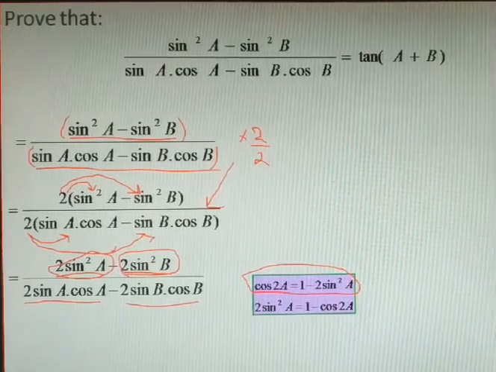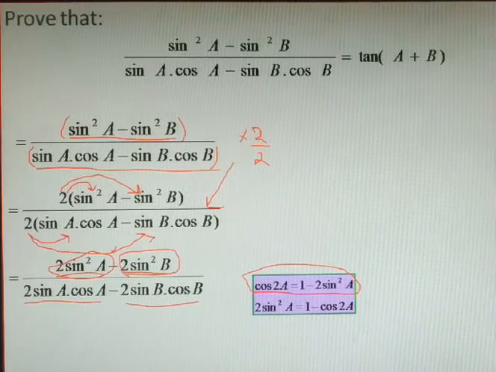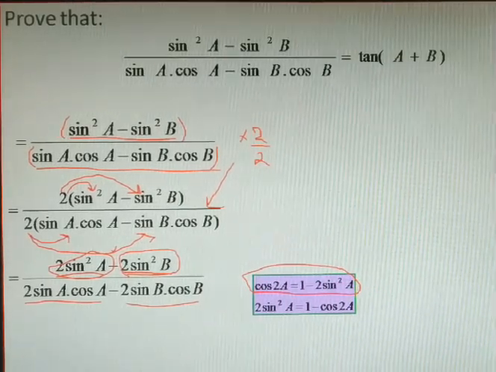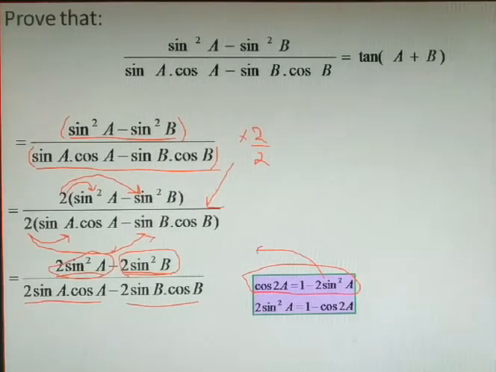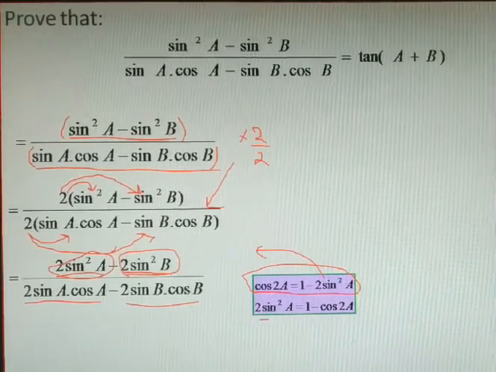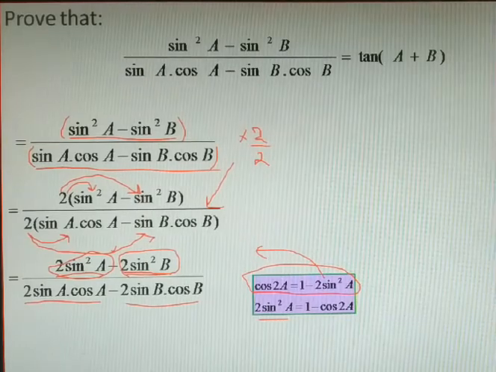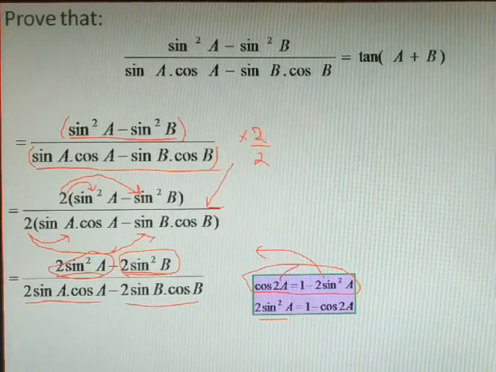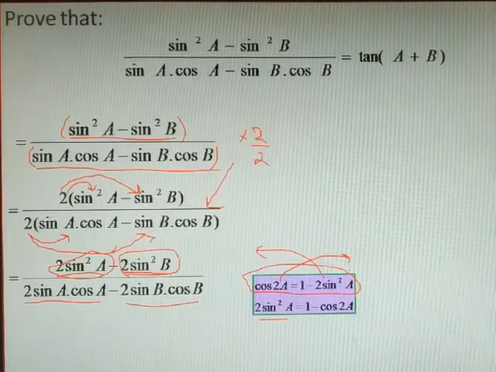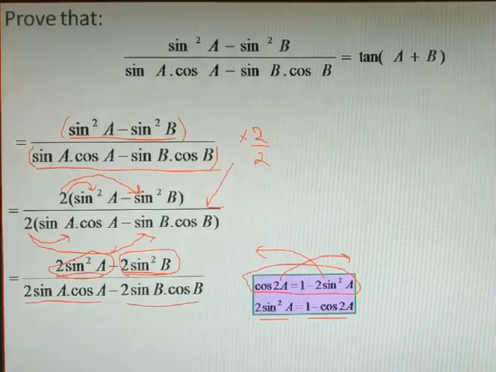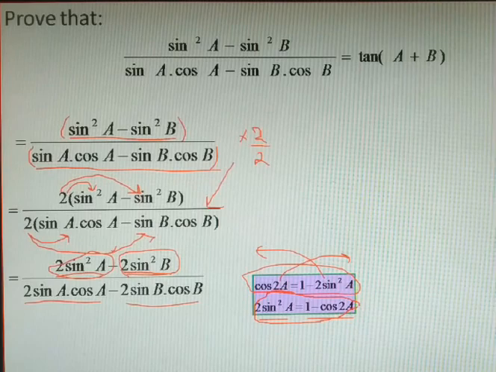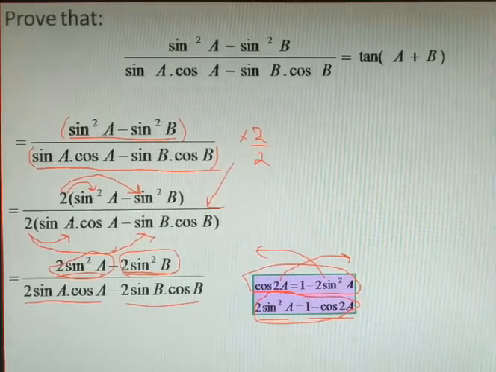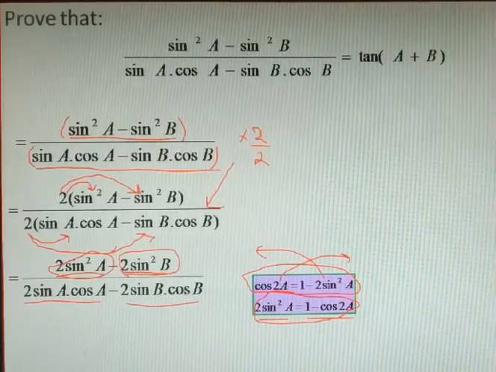So when we arrange the different terms of this formula, if we bring minus 2 sine square A to the left hand side, that will be 2 sine square A. And if we bring cos 2A to the right hand side, that will be 1 minus cos 2A. So after this modification, 2 sine square A can be written as 1 minus cos 2A.